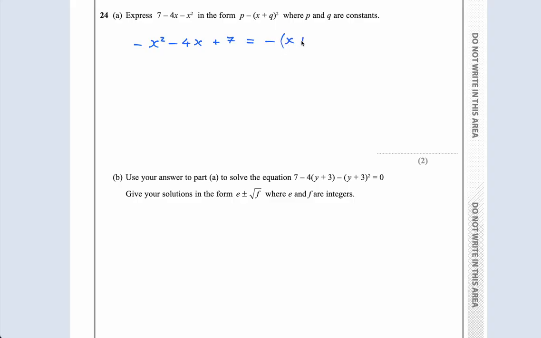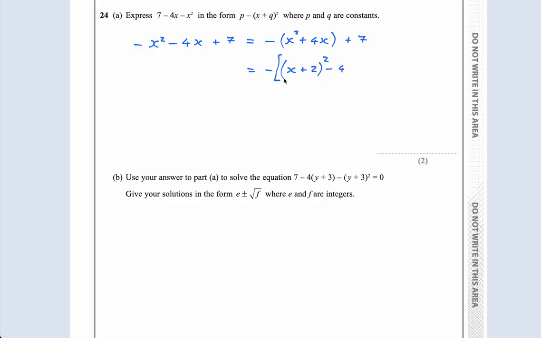I'm going to say minus, x squared plus 4x, plus 7. So notice what I've done. I've just taken out a minus here, and this becomes plus, because now it would be minus x squared minus 4x plus 7, which is the same thing. Then I'm going to do this completing the square trick here, where I say x plus 2 squared minus 4.